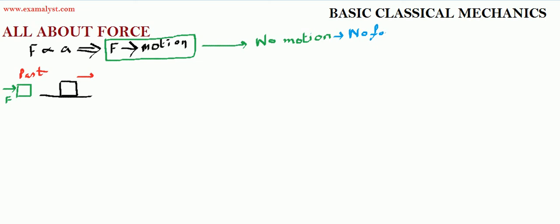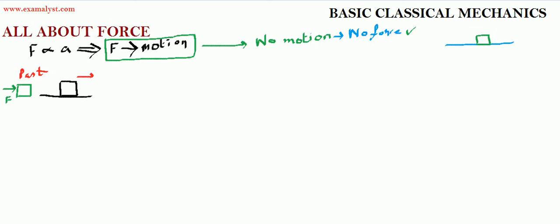That you know directly. How? If you have an object lying on the floor, so let me draw, consider this is the floor, and consider you have an object lying on the floor. If it is not moving, it means one direct thing is there is no force at all.